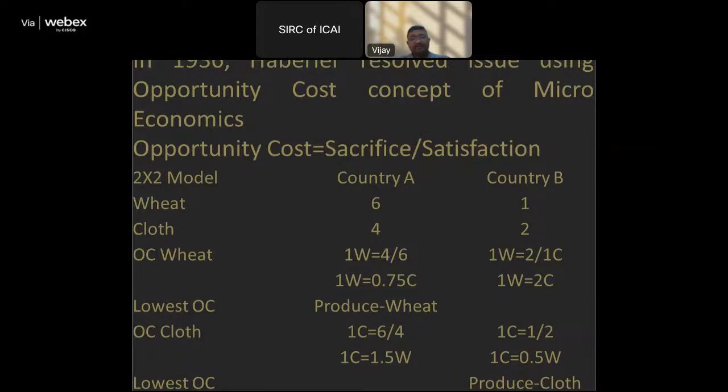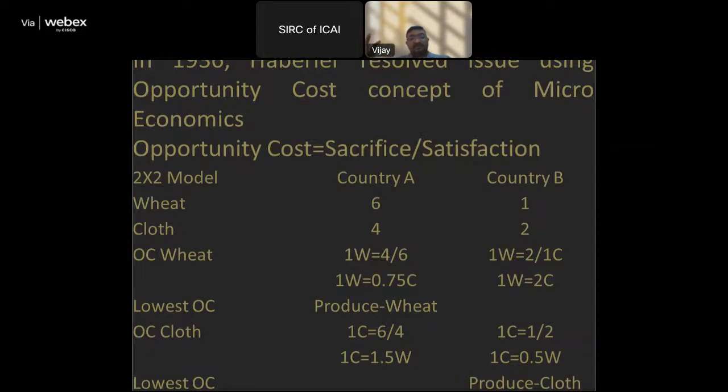So 1 wheat is equal to 0.75 C. That is in terms of cloth. Now, in case of country B, for 1 wheat, okay, with the same R, I can produce 2 units of cloth.